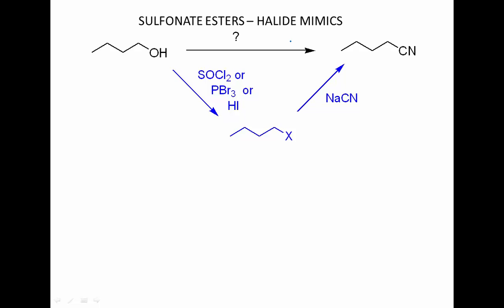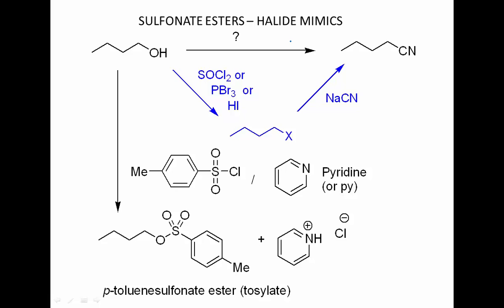However, a much milder method involves turning the alcohol into what we call a paratoluene sulfonate ester, or a tosylate. Okay?